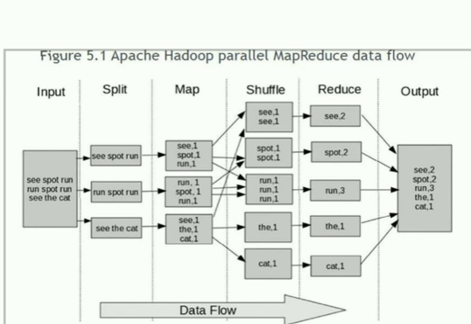Only if the execution is correct and good enough to give the output, it will create that file. And also the output file will be created, called part-00000. In that the output will be written. The output is, as you can see on the screen, C 2, spot 2, run 3, the 1, cat 1. That output will be written, because this is an example given to find how many times words have occurred.